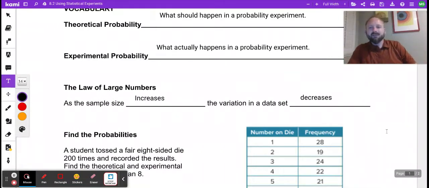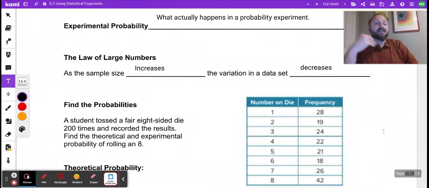Let's go on. A student tosses a fair 8-sided die 200 times and records the result. Find the theoretical and experimental probability of rolling an 8.